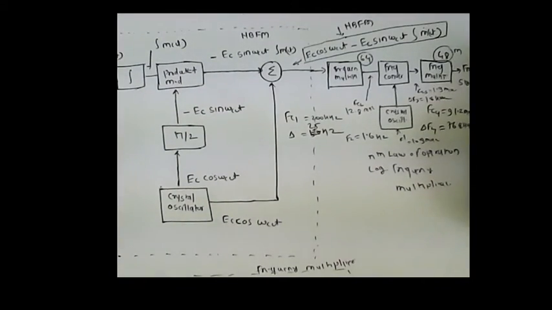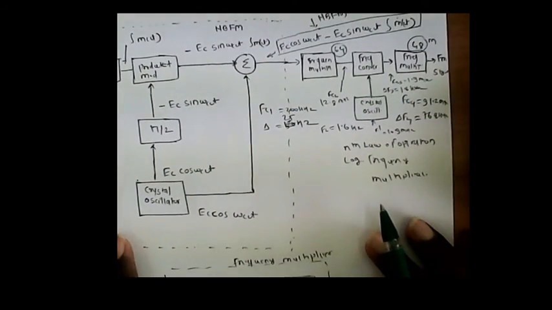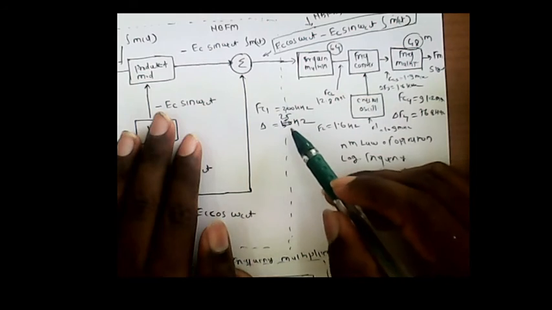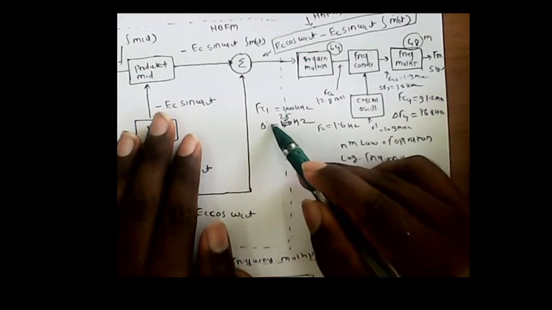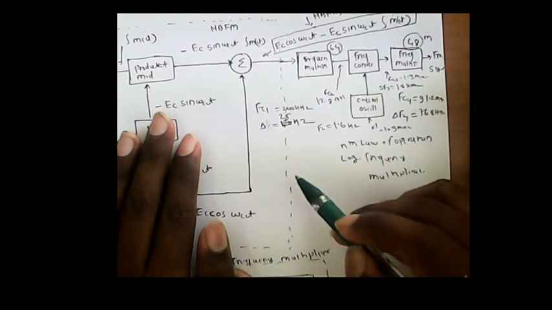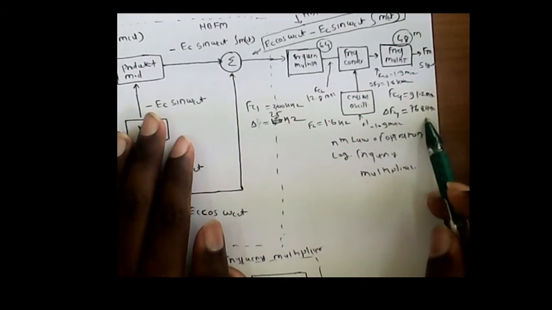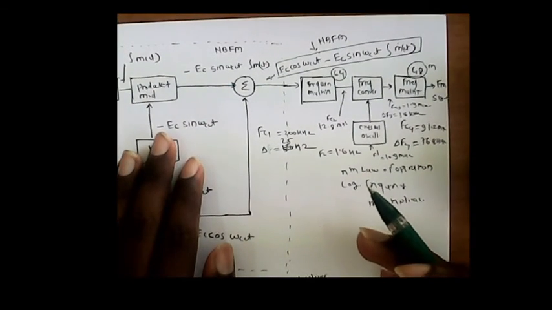Here, for example, we consider the first carrier frequency is 200 kHz and the frequency deviation, that is delta f, is 25 Hz. We require a modulated carrier frequency f c4 of 90.2 MHz and a frequency deviation of 76 kHz.